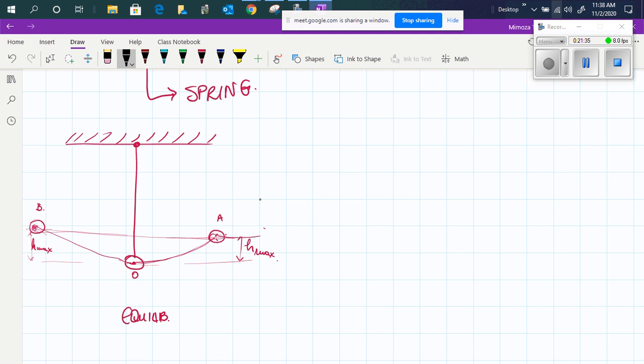Let's take a look now if the second condition is satisfied. So we'll take the position A, and let's draw the free body diagram at A. What we see in this case is the force of gravity that is always going down to the center of the Earth.